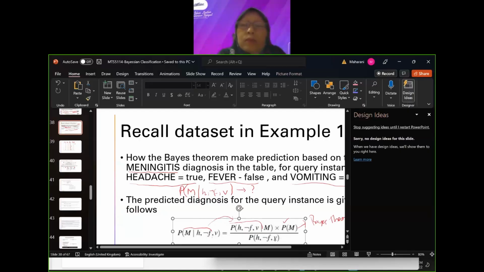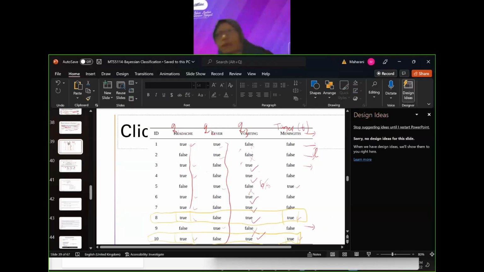Now for the condition one. Always struggling with this, yeah? So it means the probability of the 3 features with condition M. From the data set, we look first at condition M. Which ones are M?